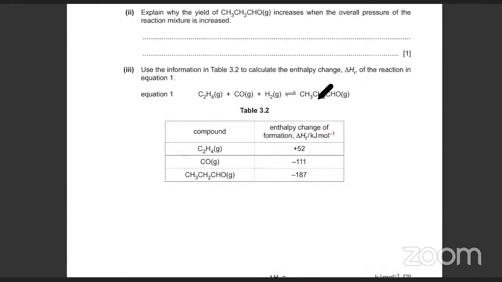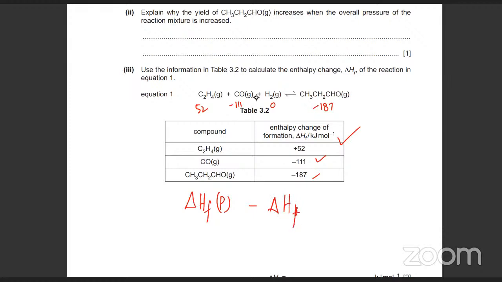Now use the information in the table. So you have to find the enthalpy of this reaction. If you know the enthalpy change of formation of C2H4, which is 52, the enthalpy of formation of CO is minus 111, the enthalpy of formation of this thing is minus 187, and the enthalpy of formation of H2 is 0 because it's an element. So if you know the enthalpy of formation of all the reactants and products, what's the formula? Product minus reactant.